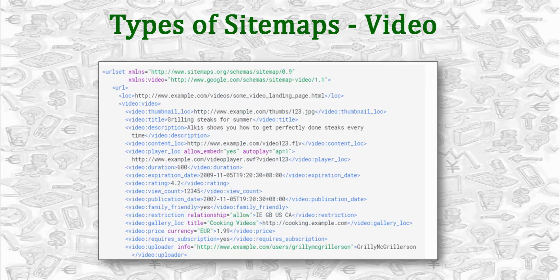If it has an external player, such as YouTube or Dailymotion, you put in that URL, but that's not important. What's important again is the duration of that video. How long is the video? It comes in minutes. Then you have the expiration date of that particular video.